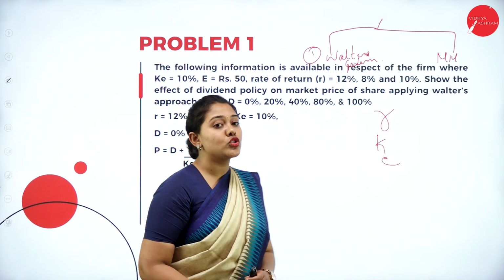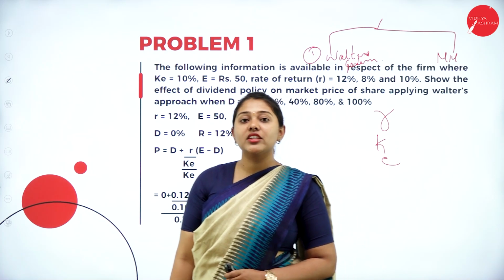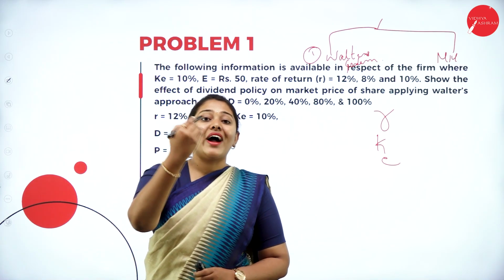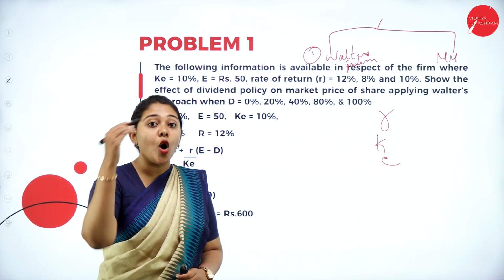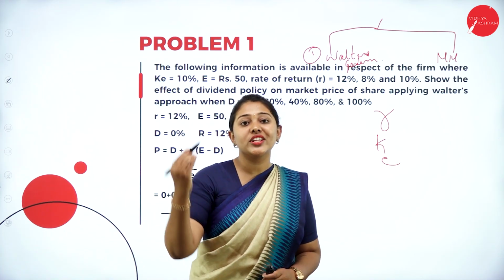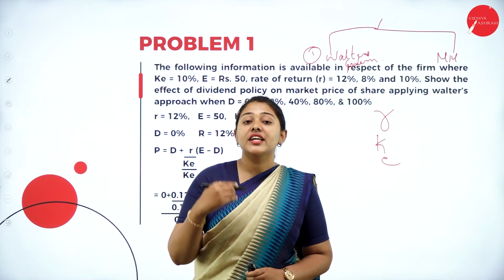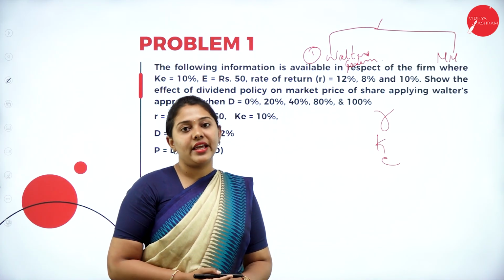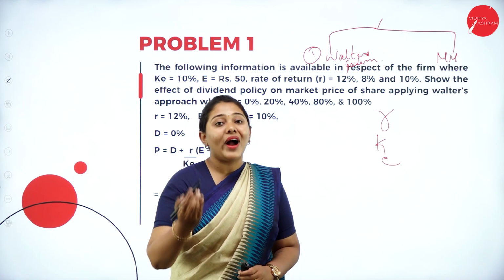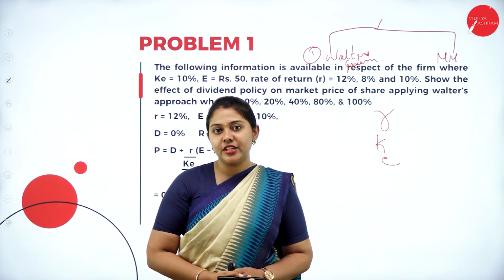Keeping these two things, he explains how the dividend decision affects the value of the firm. So this theory suggests that there is a relationship between the value of the firm and the dividend decision.